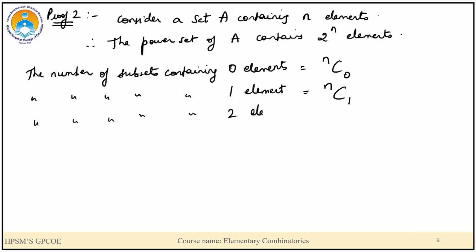If I want to find the number of subsets containing two elements, that will be equal to nC2. I have n elements, I choose any two out of those, I get nC2. And finally, continuing in this manner, the number of subsets containing n elements will simply be nCn, which will be the set A itself. It is the only set which contains all n elements.